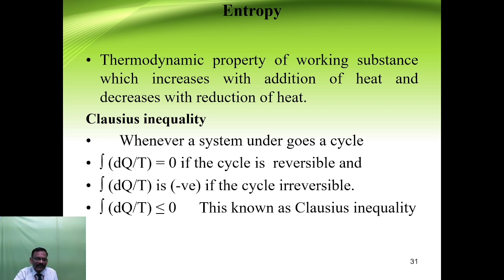For the reversible case, the integration of dQ by T is equal to 0. It means the cycle is reversible. The integration of dQ by T is negative if the cycle is irreversible. Integration of dQ by T less than or equal to 0 is known as the Clausius inequality.